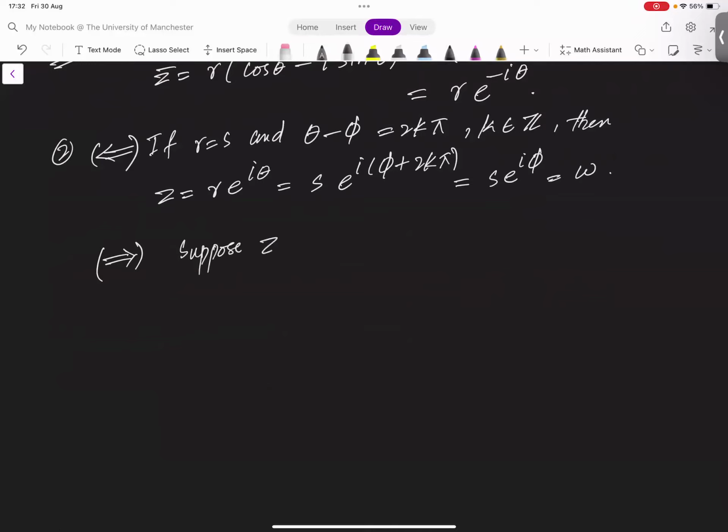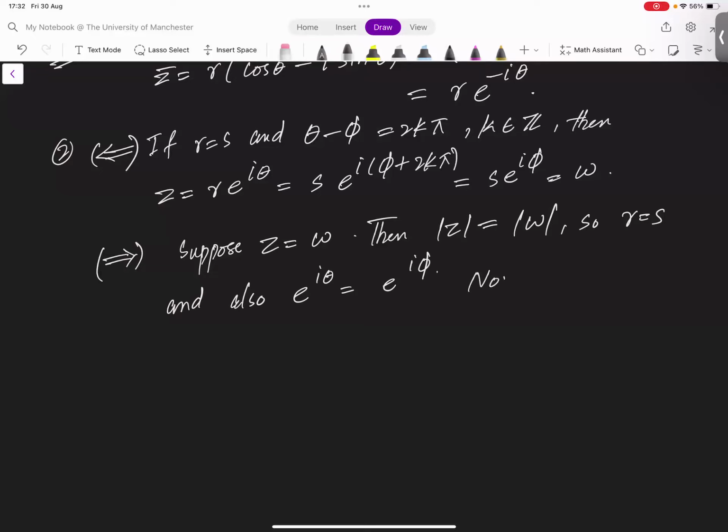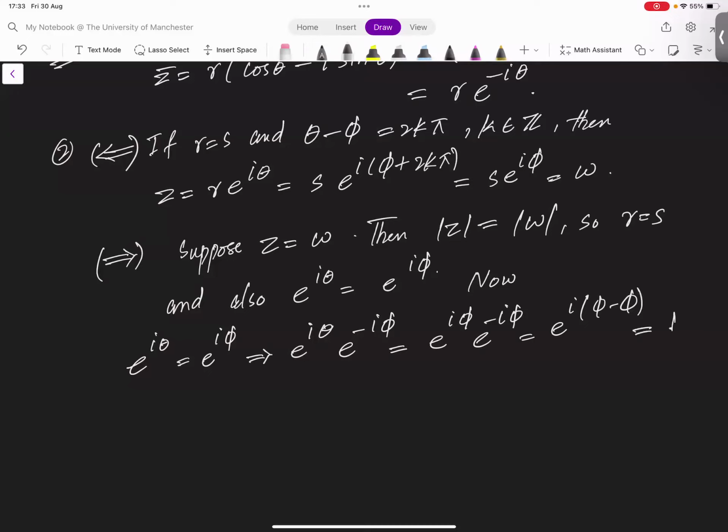Suppose these two are equal, then the mod of them is also equal, so r is s, and also e^{iθ} is e^{iφ}. Now if e^{iθ} is e^{iφ}, then e^{iθ} times e^{-iφ} is e^{iφ} times e^{-iφ}, so e^{i(θ-φ)} is 1.